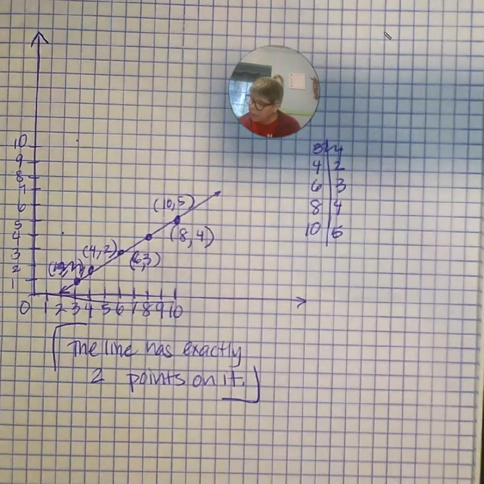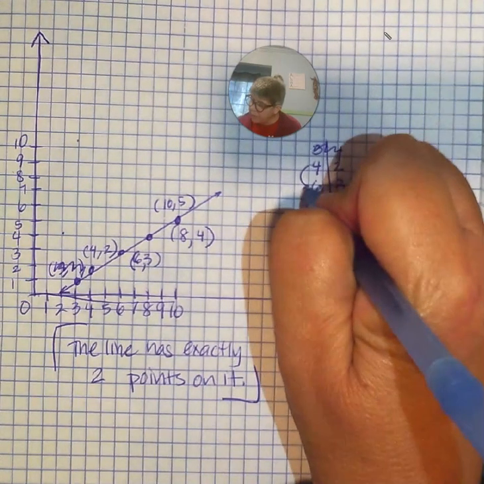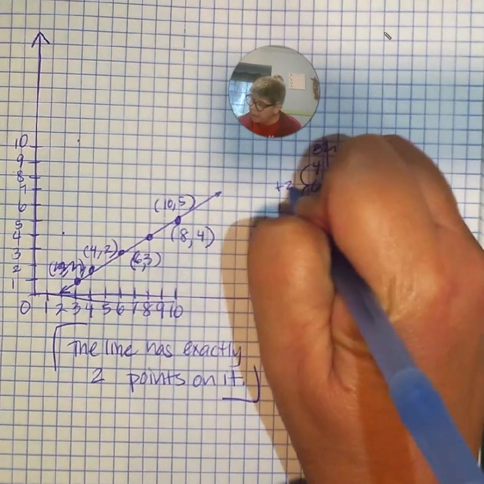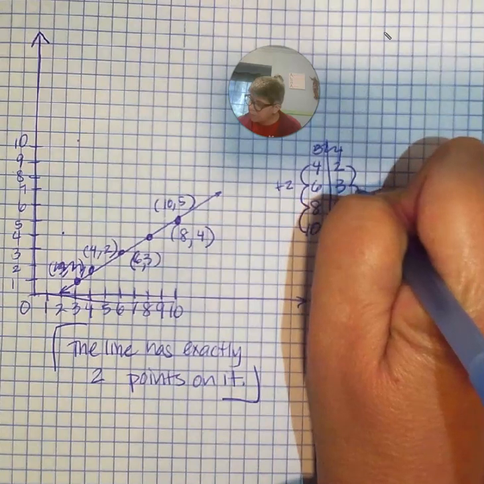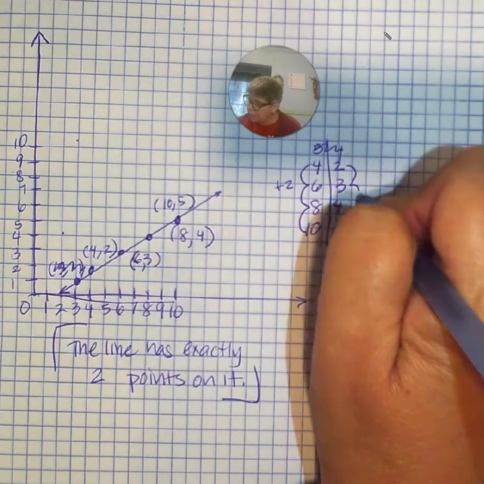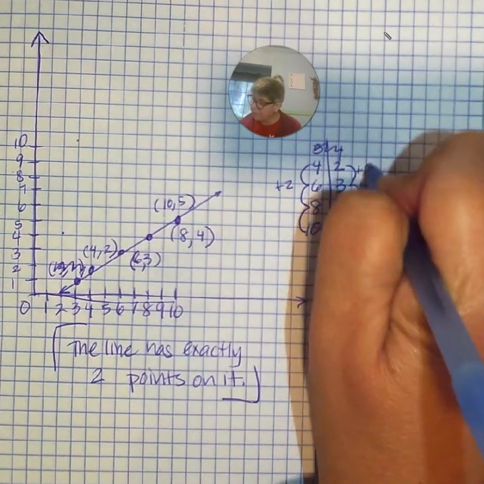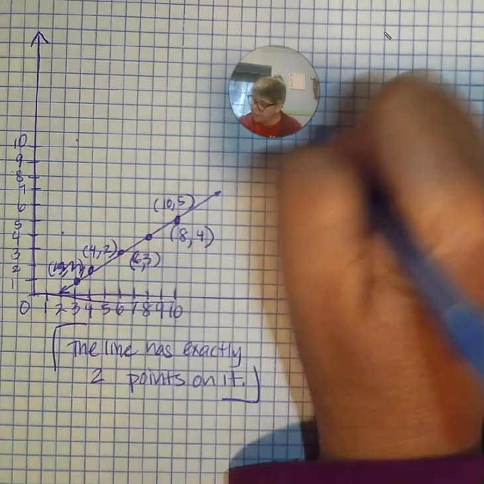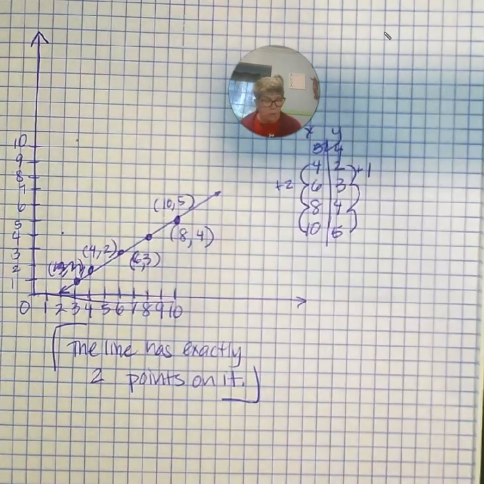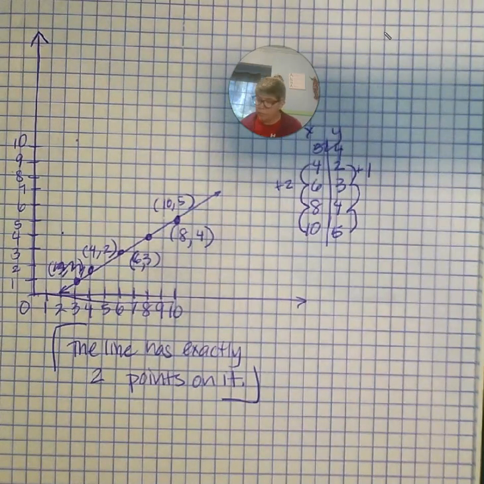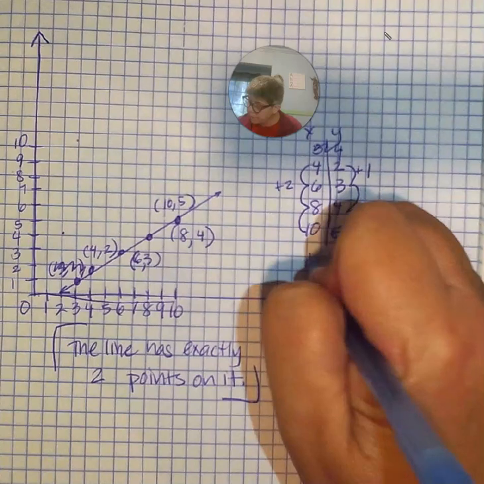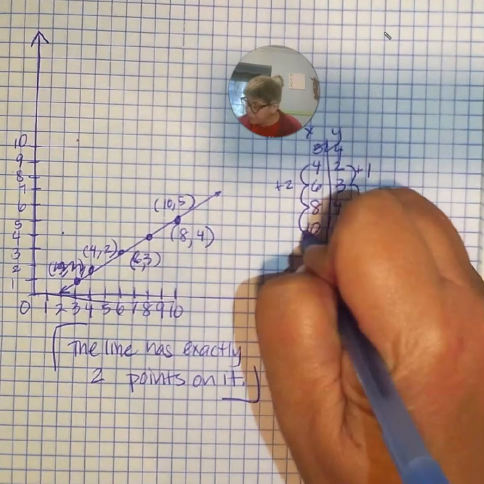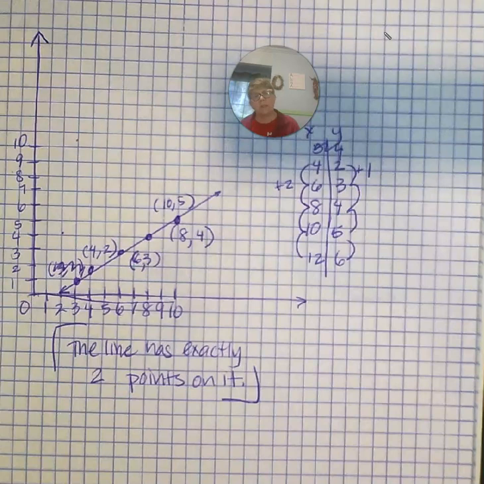Sorry about that. Okay, so here we see X is going up by 2, and Y is going up by 1, right? X and Y. So (12, 6): going up by 2, going up by 1, right? See how we can use our pattern?